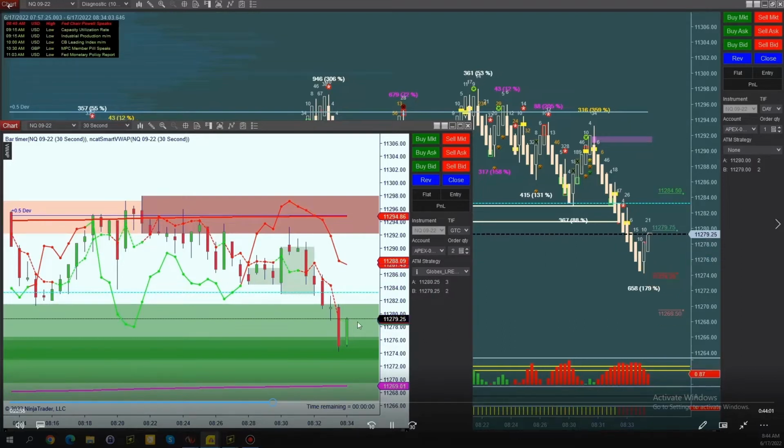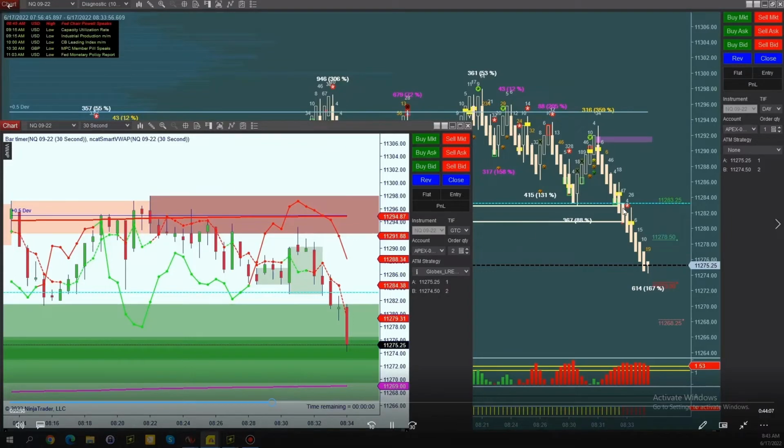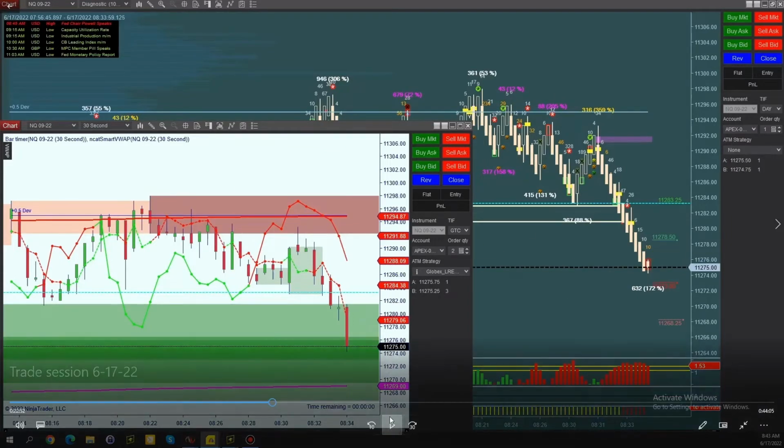So it is breaking out, and what I would love, as this is breaking out, let me pause. This was our support, right? Pretty much this wall mini magnet. So I would love for this to pull back up and test that and give me an LRE here so I can go back short. I would love that.